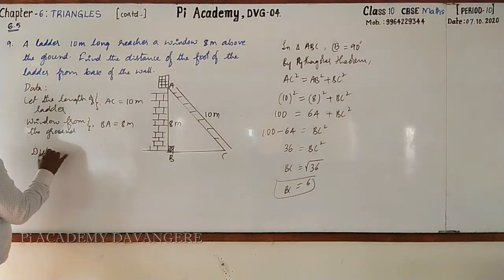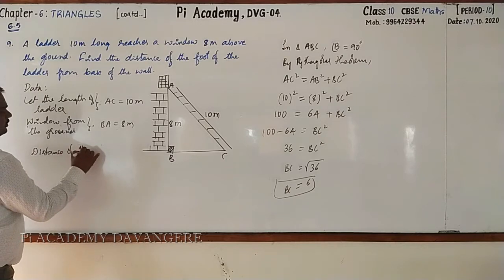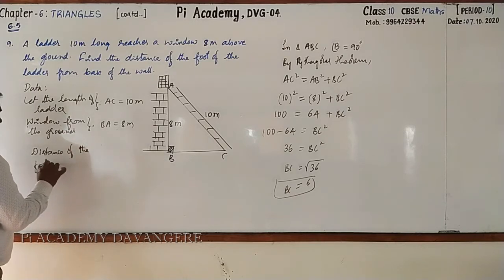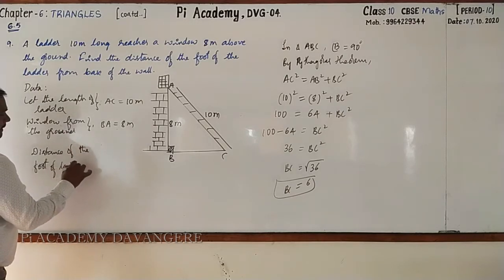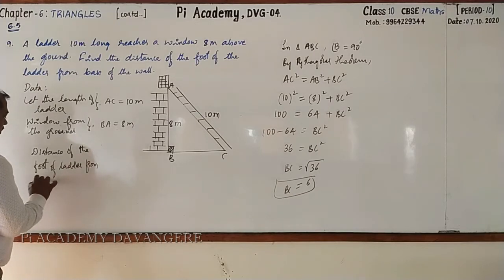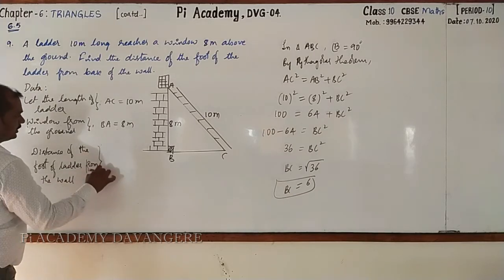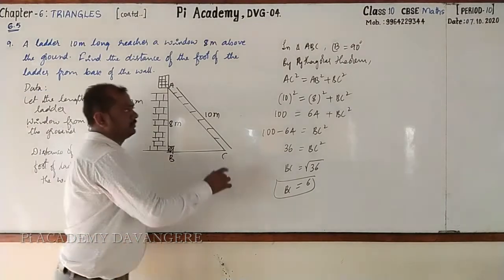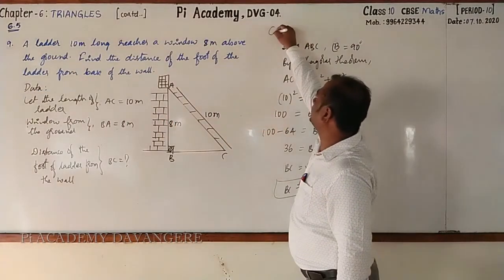Distance of the foot of ladder from the wall, that is BC equal to question mark. Then after that, write calculation.